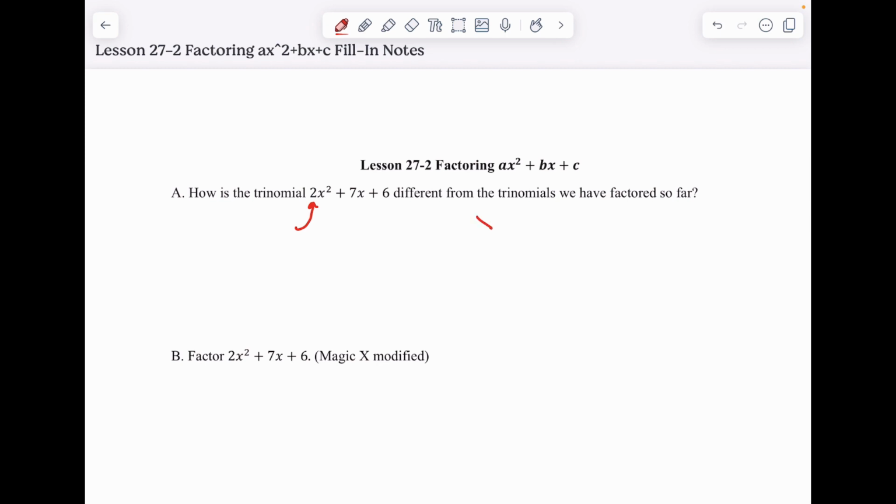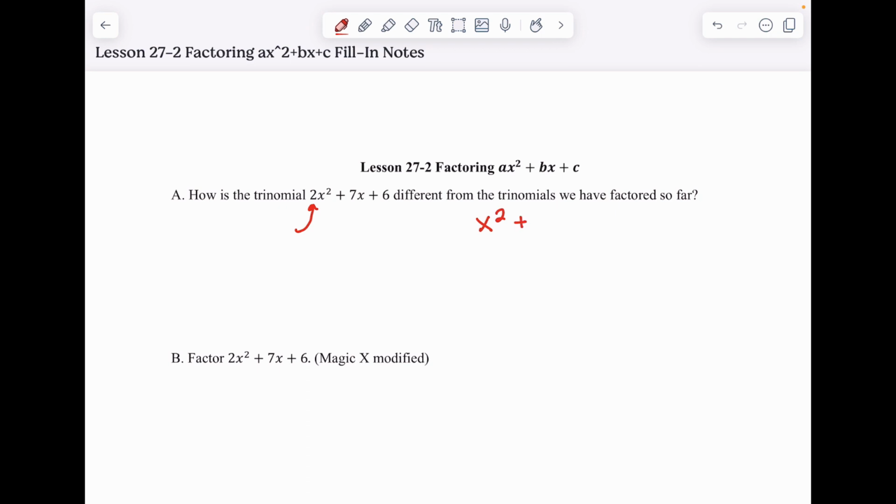Up until this point, we have only been seeing trinomials that are just x squared with no number in front, such as x squared plus 4x plus 5. So how will our magic x be different if we have a number in front of our x squared instead of just 1? So let's see.